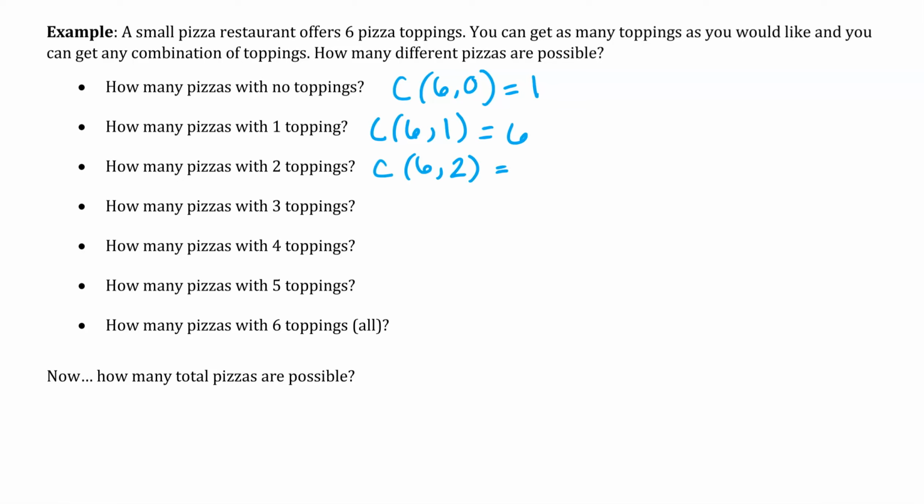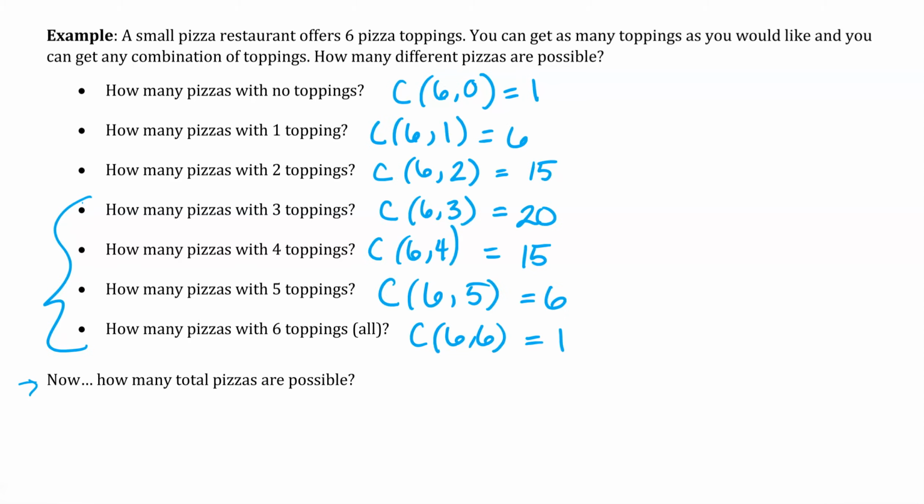A pizza with pepperoni and sausage is the same as a pizza with sausage and pepperoni. So what is 6 choose 2? You'll get 15. How many pizzas with 3 toppings, 4 toppings, 5 toppings, 6 toppings? Pause the video and finish completing the rest of these bullets, and then we will come back and figure out the answer to this problem.